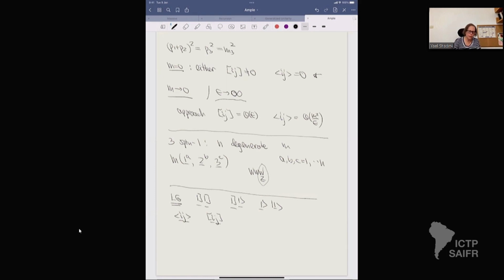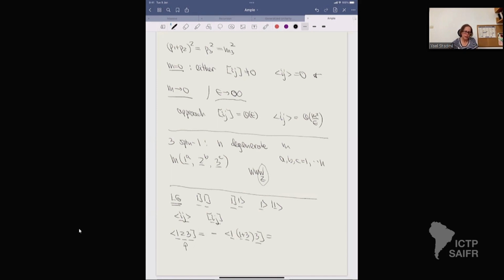So for example, you could think that you could have something like 1, 2, 3. Here I just inserted a 2 between the 1 and the 3. But if we use momentum conservation, we can write this as 1 plus 3 times 3 with a minus sign.